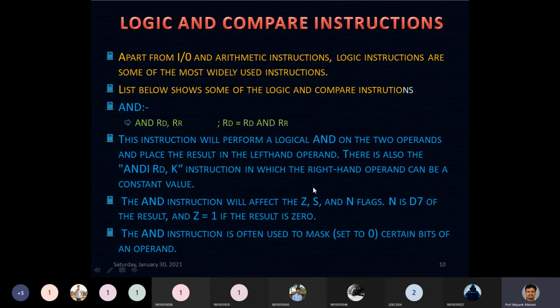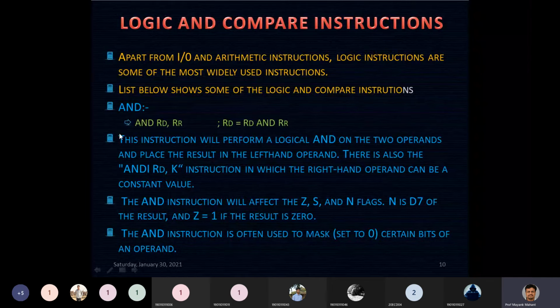There is also another instruction, ANDI, which means an immediate value is ANDed with your Rd register. In this instruction, the right hand operand can be a constant value, so this K can be a constant value.